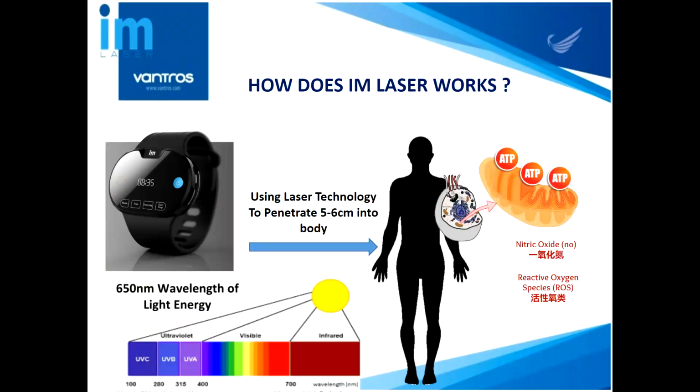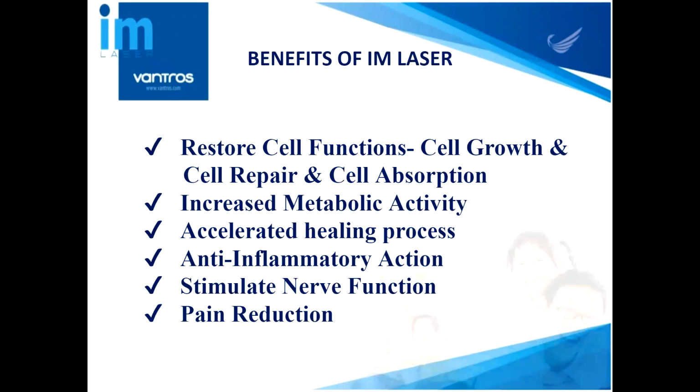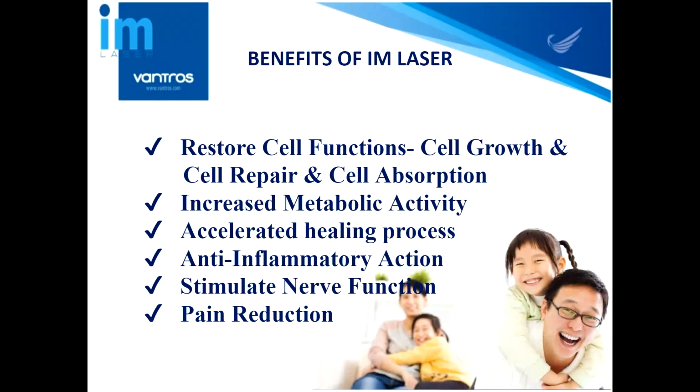It takes a very long time to penetrate from the skin to your flesh and then into your bloodstream. But using the IM laser, the moment you switch it on, your body receives the photons already. So that is how it works, and why we want to use this laser technology. If you use it 2 times a day minimum, during this COVID time I suggest 3 times a day, plus the laser.